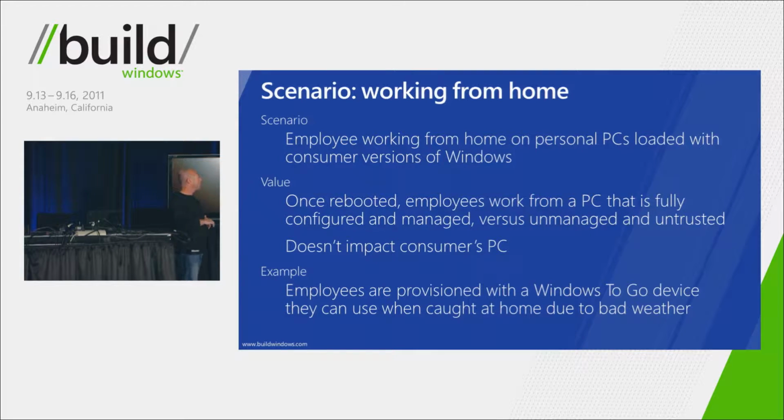So the scenarios that we've seen, and we learned a lot in our pre-planning by talking to our field, talking to customers, and we saw a lot of interest in this scenario in a variety of different places. So one of them is working from home.